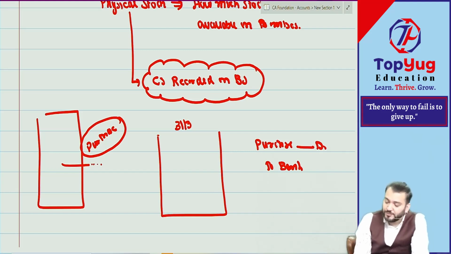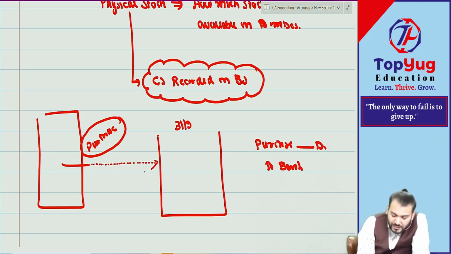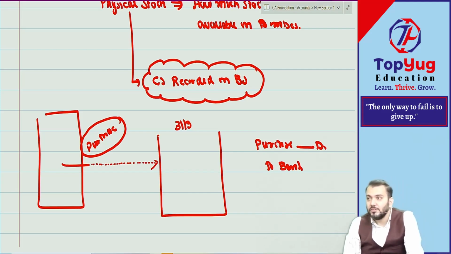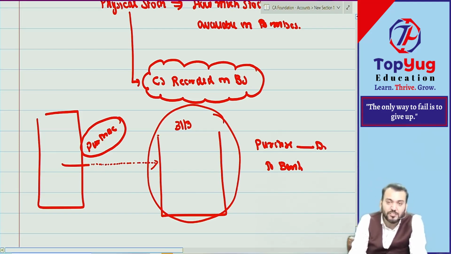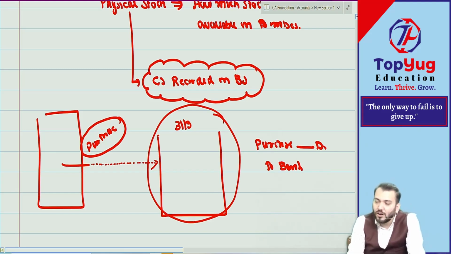You have already purchased, but it is not yet received. My question to you all: if it is not yet received, is it your stock or not? It is the stock of this entity, but not yet received.